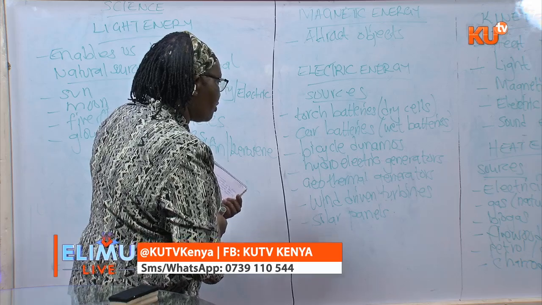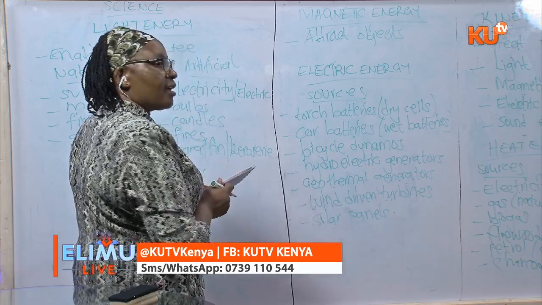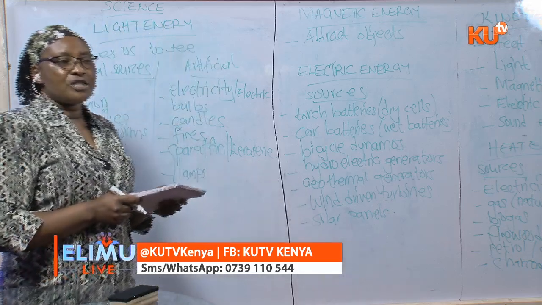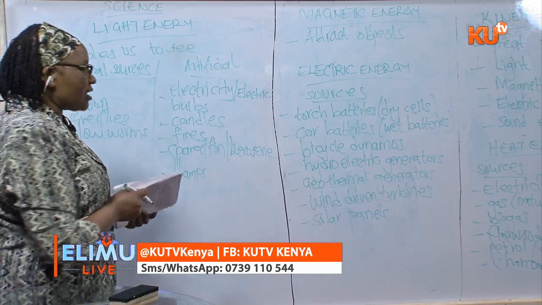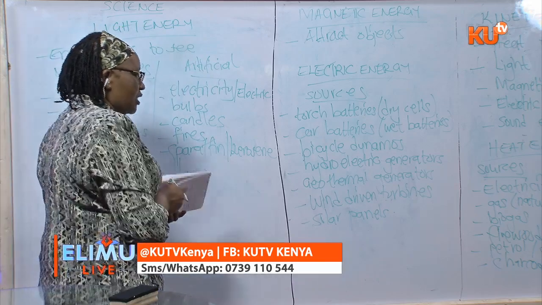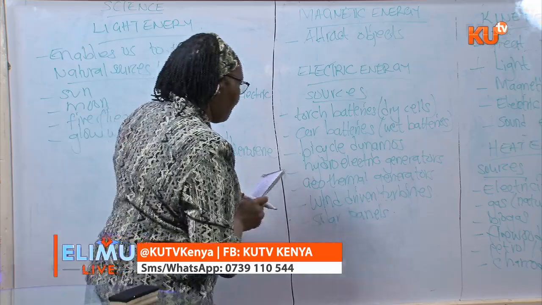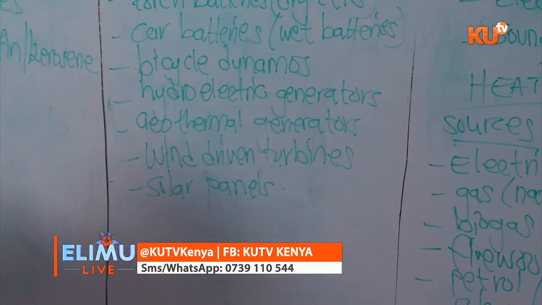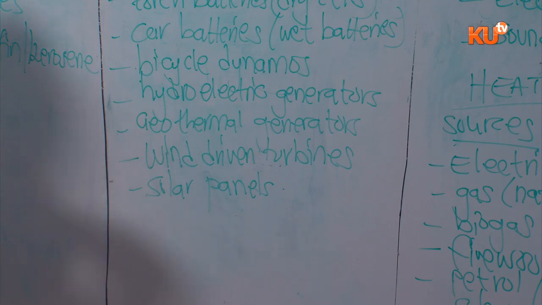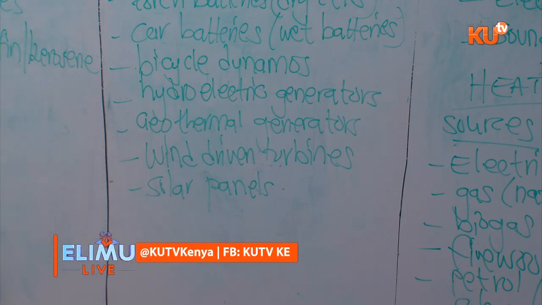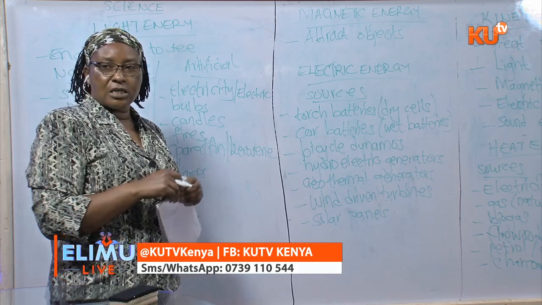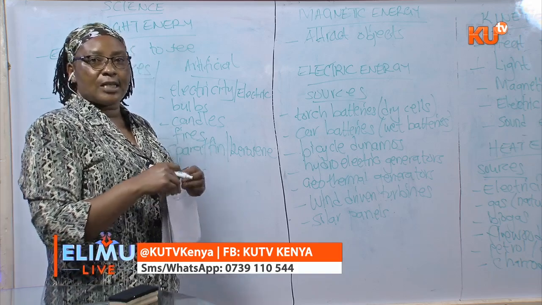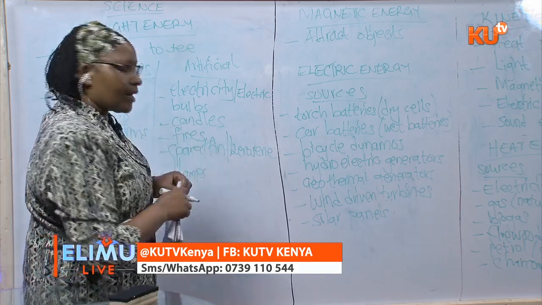Then we have hydroelectric generators. We have turbines which make the water move very fast, creating some energy, which is in this case mechanical energy. Now we have geothermal wells. Now geothermal wells are hot springs. We have some hot steam that comes from underground.